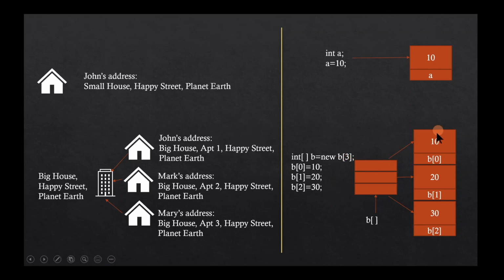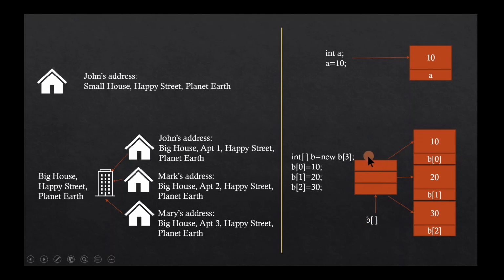So now how do you access these individual elements? You access those using indexes of these elements. Remember, the indexes start from index 0 and not from 1. Even though in real world we start from 1, in C# or in most of the programming languages, indexes always start with the number 0. So we have 0, 1 and 2, which identifies 3 of these blocks, whereas b as a variable points to this array.